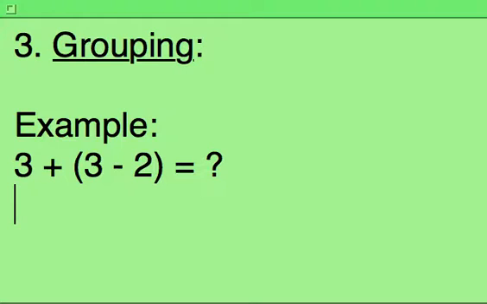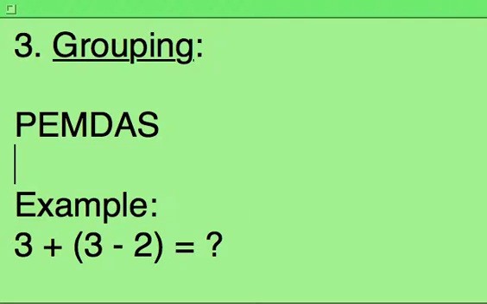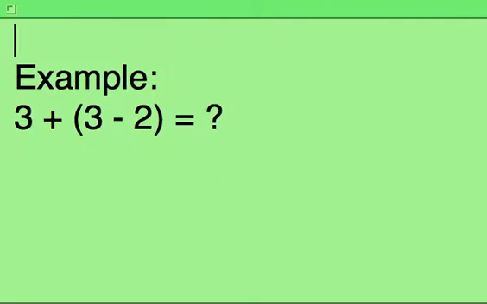So because we're doing, again, you always want to remember PEMDAS. So because we always do whatever is in the parentheses first, we know that 3 minus 2 is 1, plus 3 equals 4.